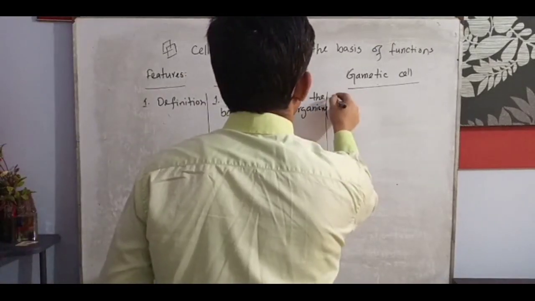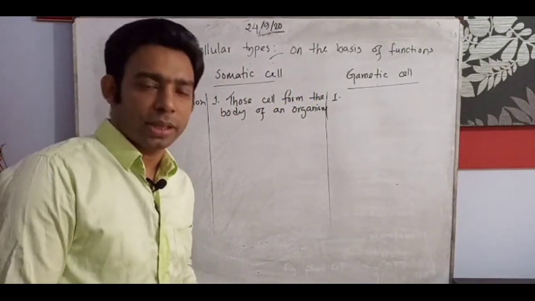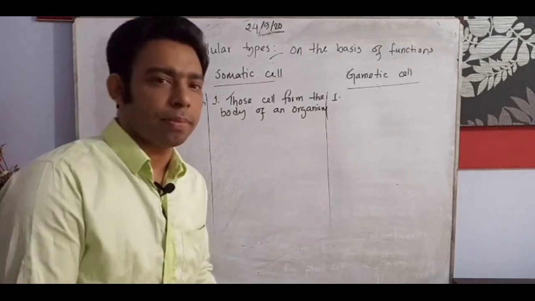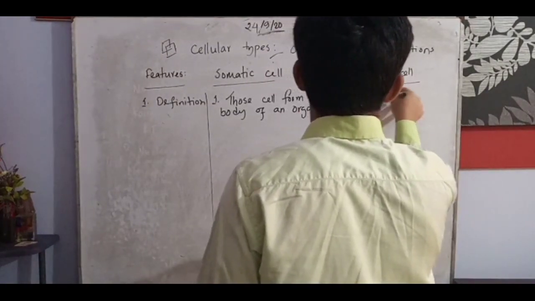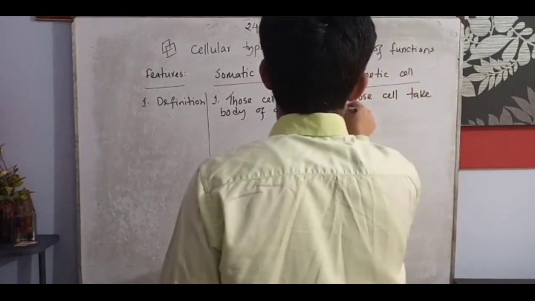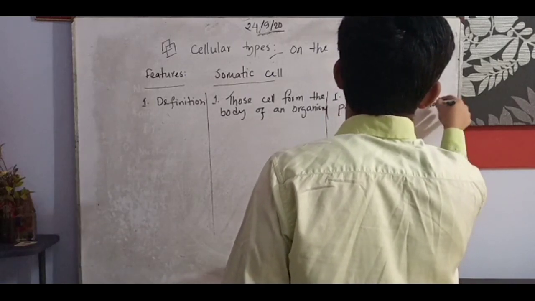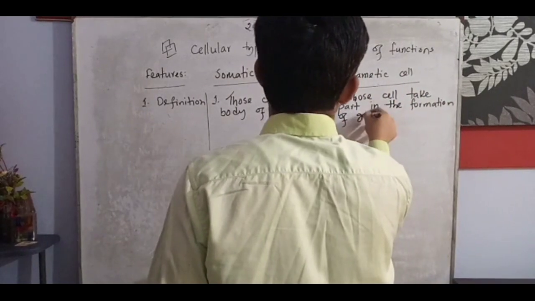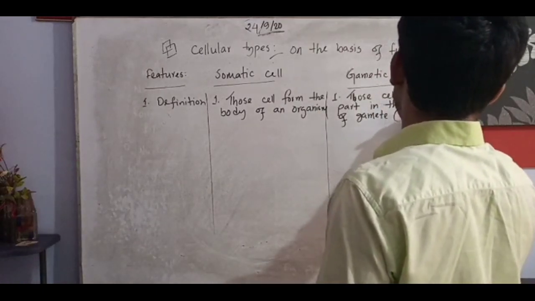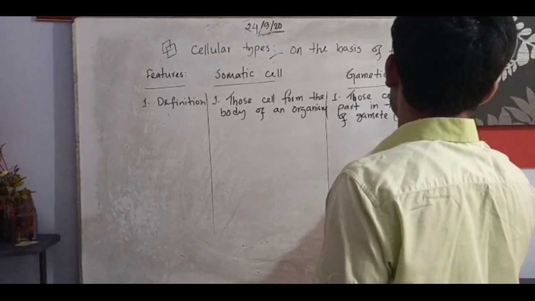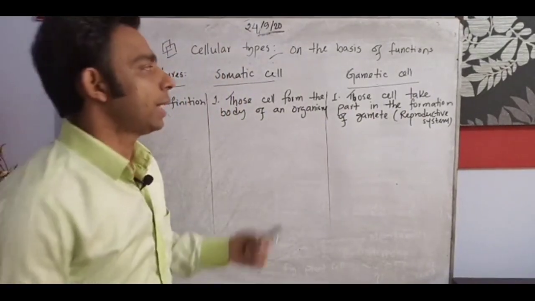And here we can write the gametic cell. Those cells that produce gametes or take part in the reproductive system, at that time we can say they are the gametic cell.